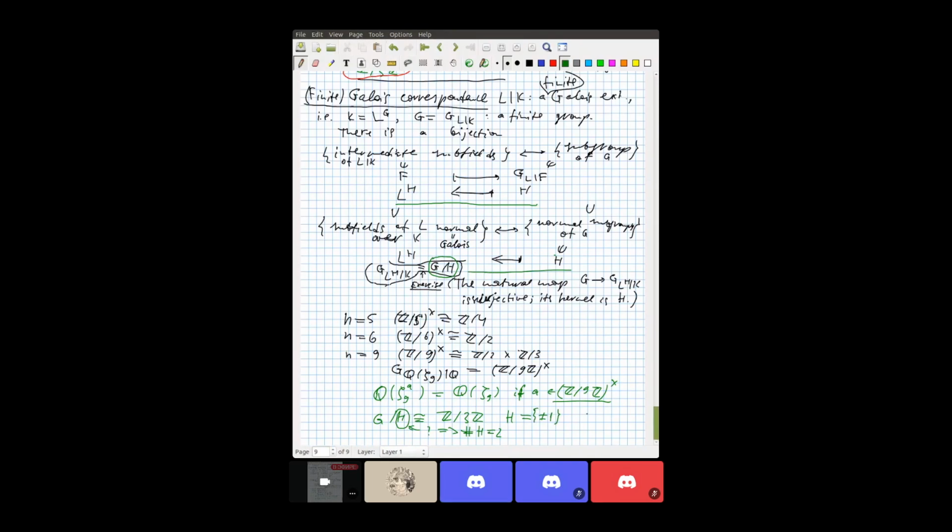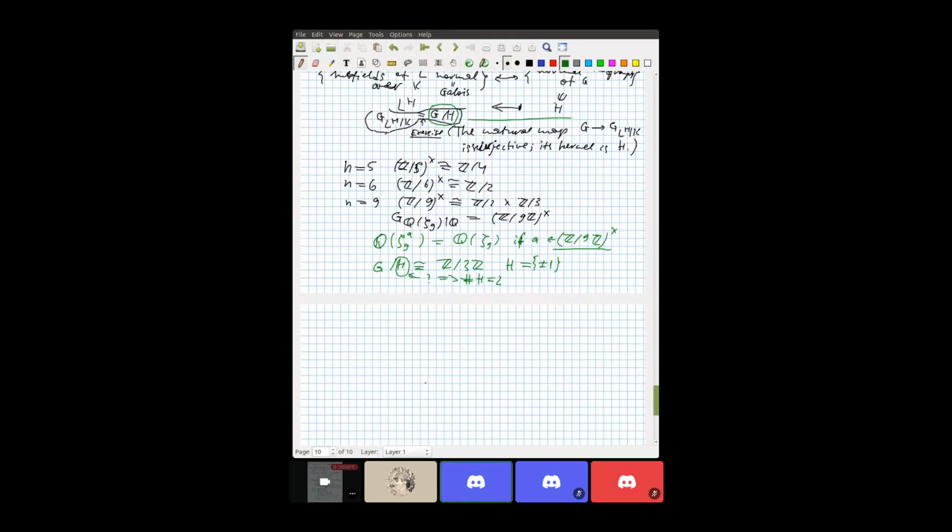Okay. Now, what is the action of this group on our cyclotomic field? It is an isomorphism, more or less canonical. Let us call the non-trivial element sigma.